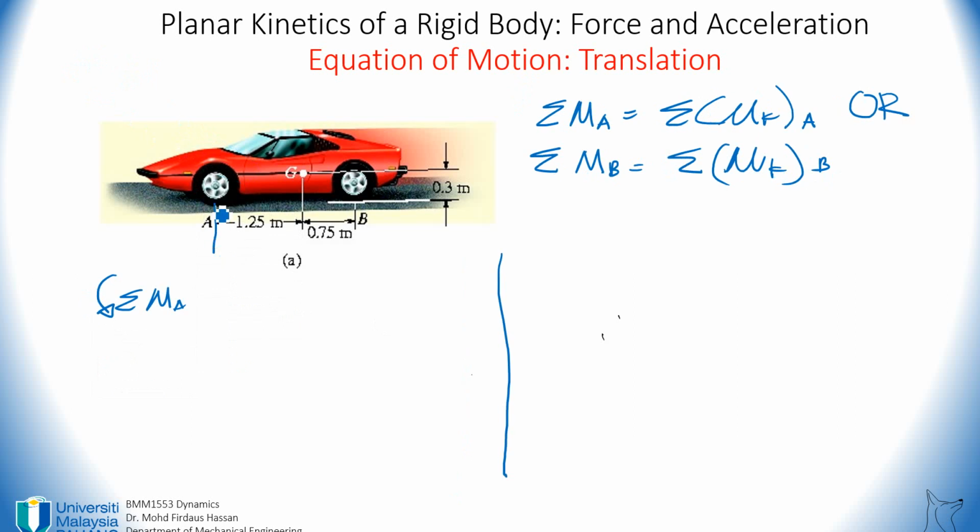We have an A. Okay, we have a B. We have FB. And then I draw the kinetic diagram on the same figures. This one is AGX. Summation of moment at A. We are referring to this point. And okay, you got one more, W.